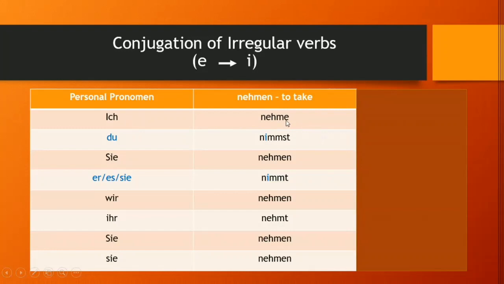Ich nehme, du nimmst, er/sie/es nimmt, wir nehmen, ihr nehmt, sie nehmen, Sie nehmen. And if you see over here, the H is being excluded. Again, you will have to memorize this, right?